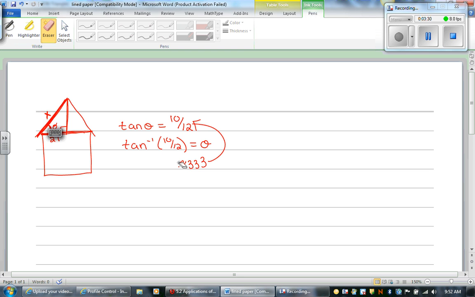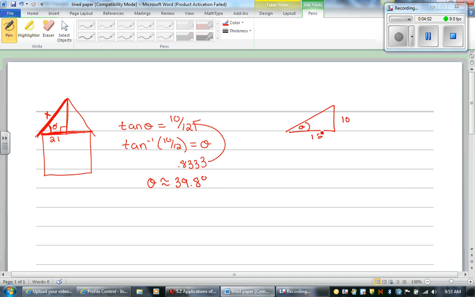When I take the inverse, I get theta to be approximately 39.8 degrees. Okay, so again, we got that rise over run. Rise is 10. Run is 12. So this is your opposite over adjacent, which is why we use tangent.